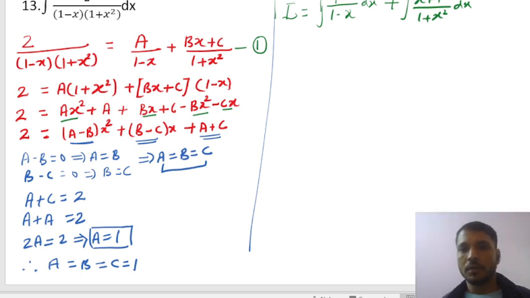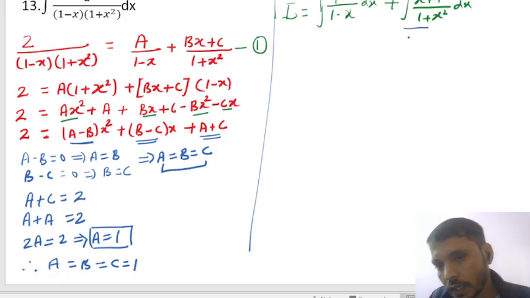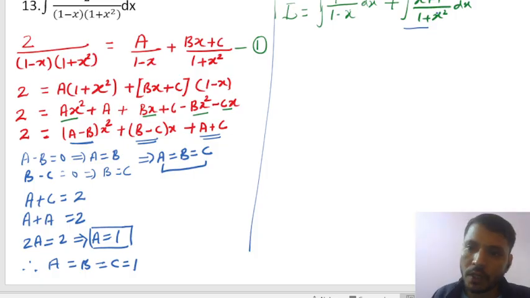The first part is simple, but the second we have to split. We have to think how we can integrate the second part, which is x plus 1 divided by 1 plus x square. So here we are going to rewrite this I, means split this. We divide x by 1 plus x square and 1 also by 1 plus x square, separately taking the denominator for both values x and 1.